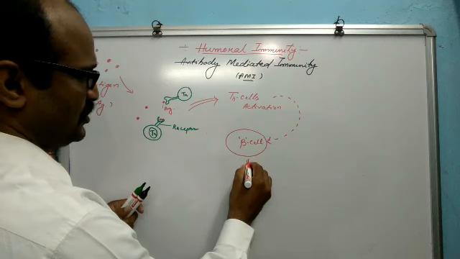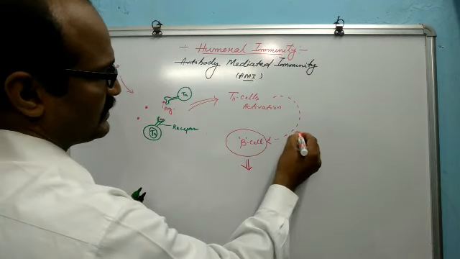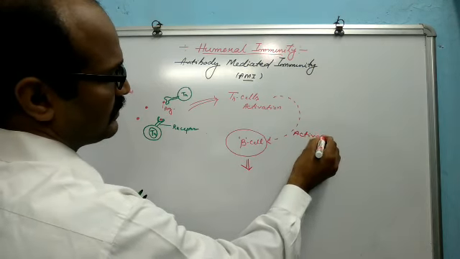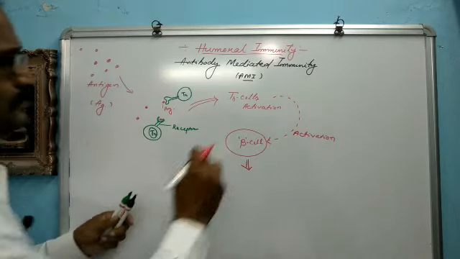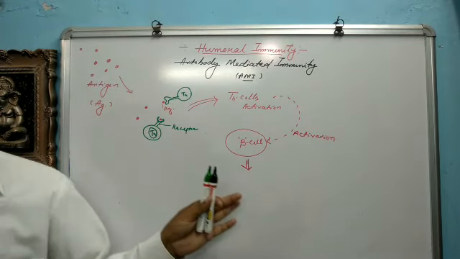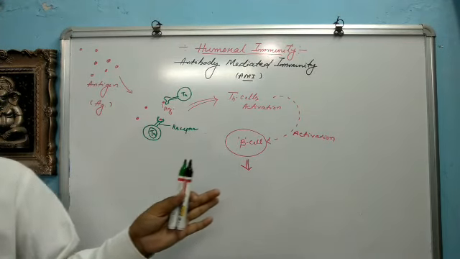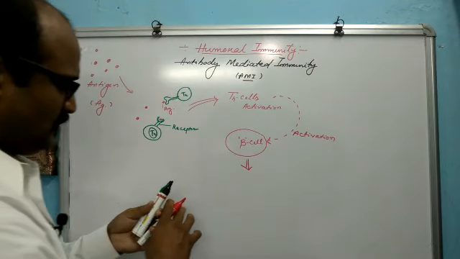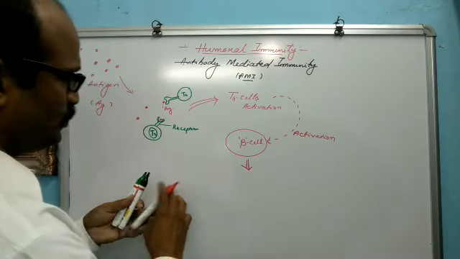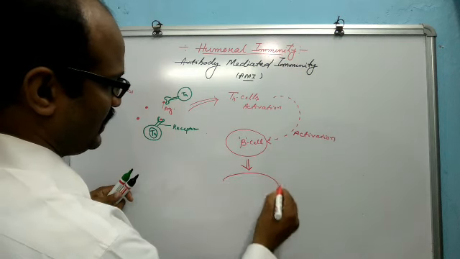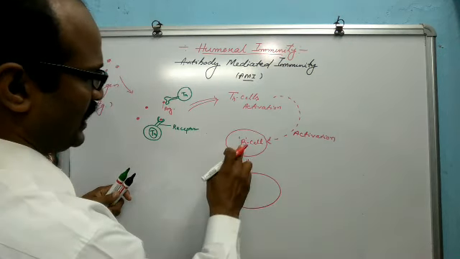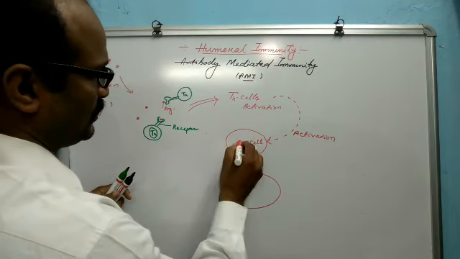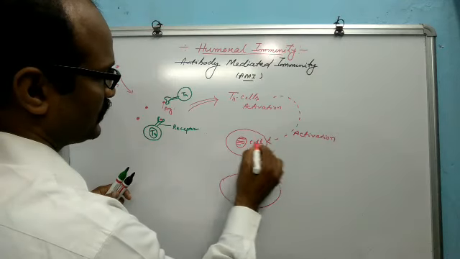After the activation of the B cells, or beta cells, such B cells convert into plasma cells. Suppose that this is the B cell, and this is the nucleus.